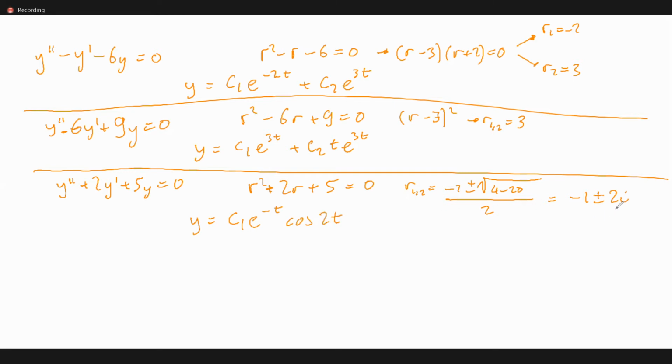The imaginary component of the complex number becomes the argument of the trigonometric functions. So C1 e^(-t) cosine 2t plus C2 e to the power of -t sine 2t.